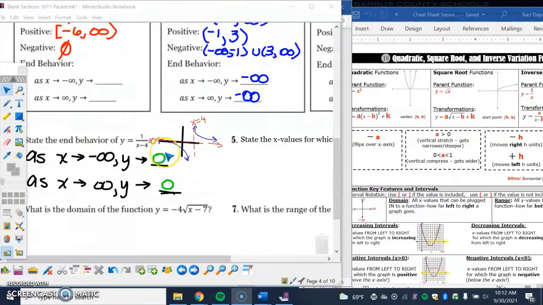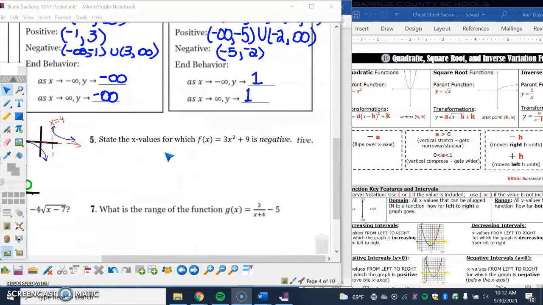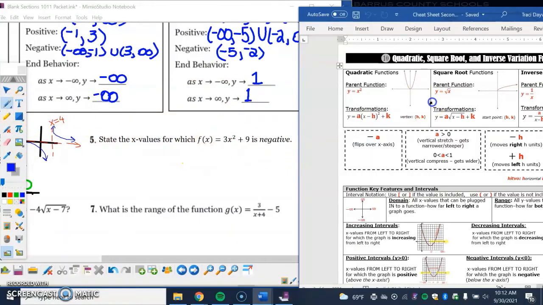The next one says to state the x values for which this is negative. And what we're going to do is think about what this graph looks like. First of all, is this graph going to be quadratic, square root, or inverse variation? It is quadratic because it has a 2 exponent, so it would make a parabola.